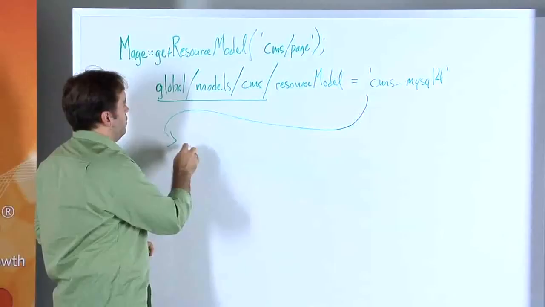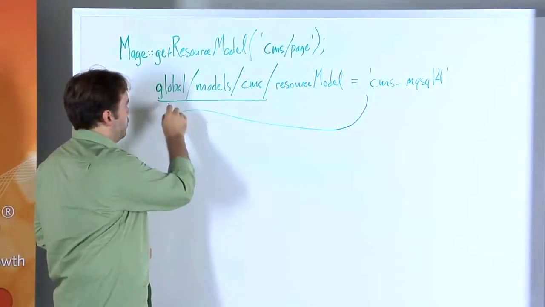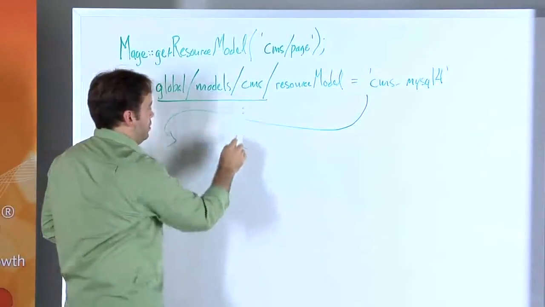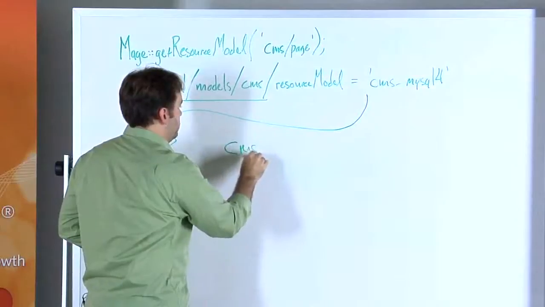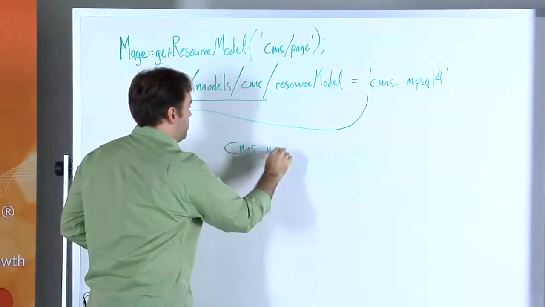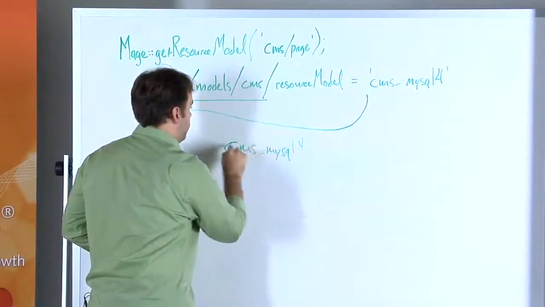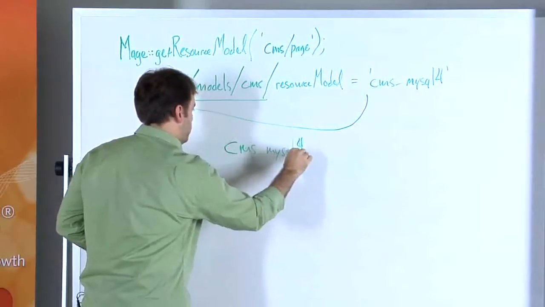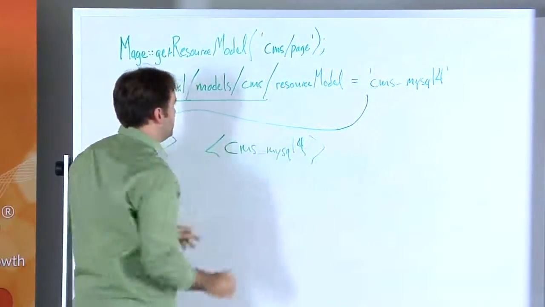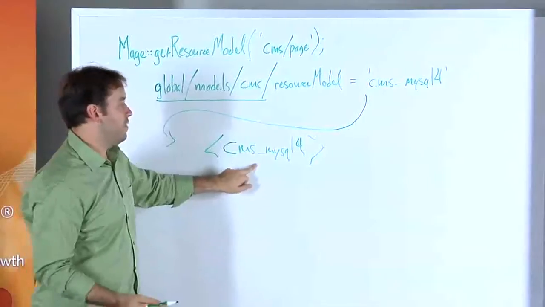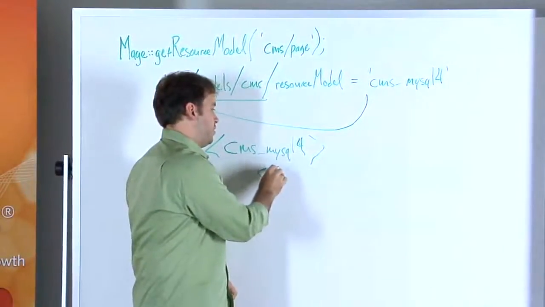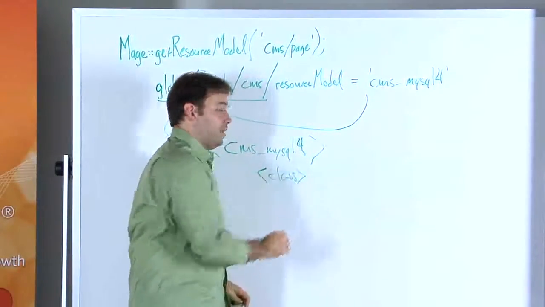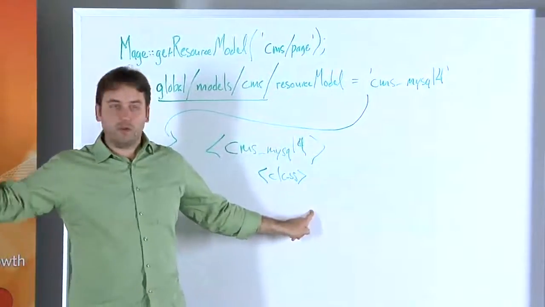And we'll end up looking under global models CMS MySQL 4. So this is itself a node under global models. And then in there, it's the same thing that we've seen already with a class name. In our case, what's important is the rewrite node.